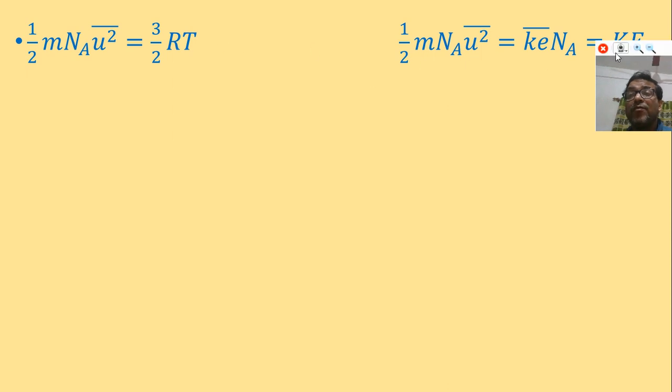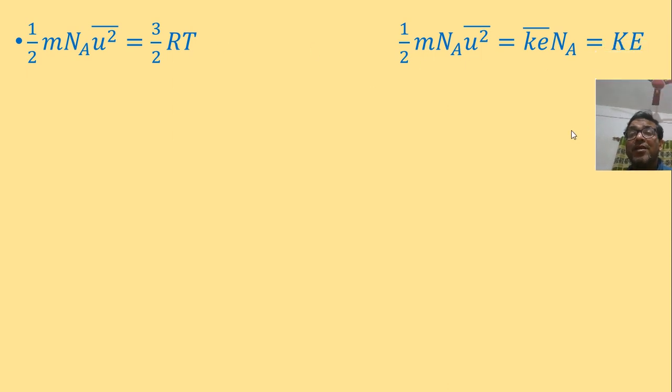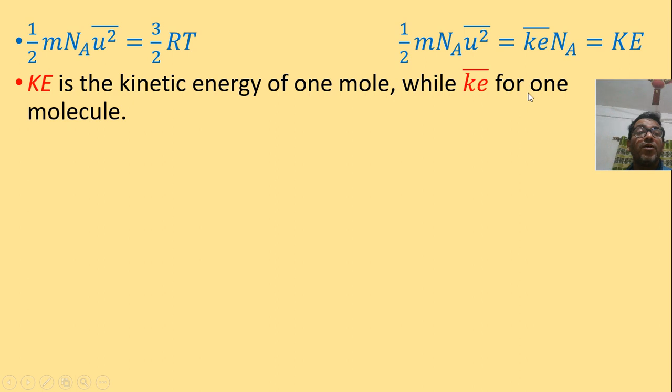Here half small m Na u square is the average kinetic energy multiplied by Avogadro's number. So this is the kinetic energy of 1 mole, while the average kinetic energy is for 1 molecule, and that is the difference.